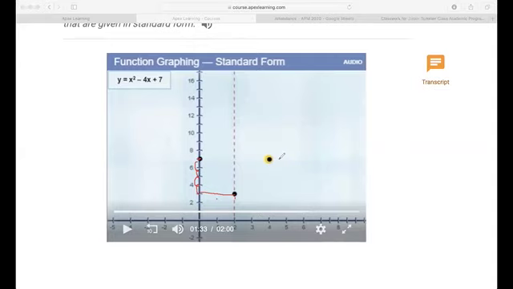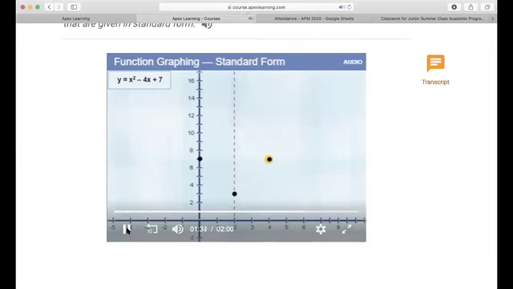Now what you do is you want to reflect that across the line. So we're still going to go over 2 and we go up 1, 2, 3, 4. That gives us another point because we are reflecting across this axis of symmetry. Because it's got to look the same on both sides of the line.